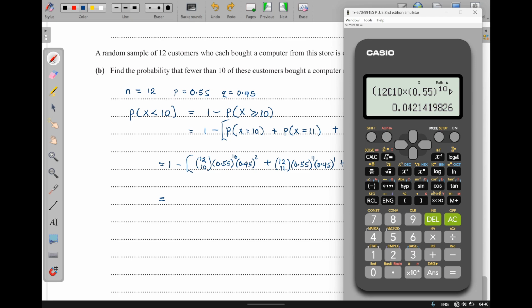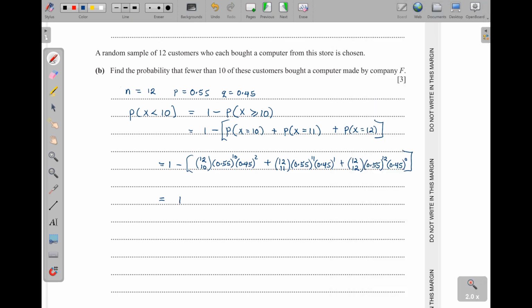0.0421419826. So then we subtract that one from 1. So 1 minus 0.0421419826.